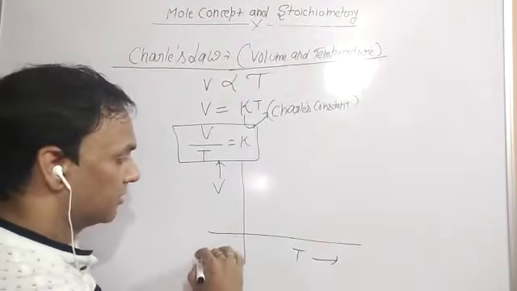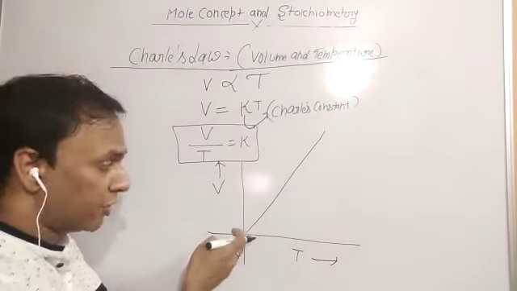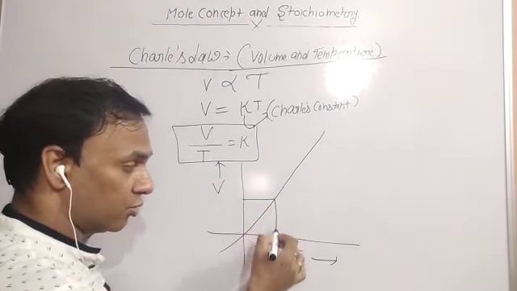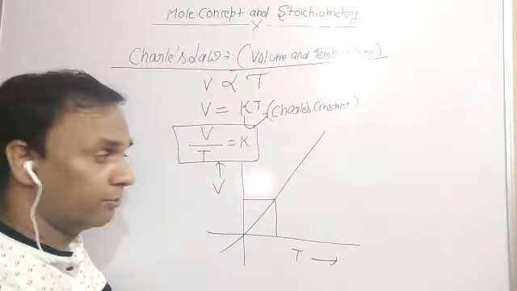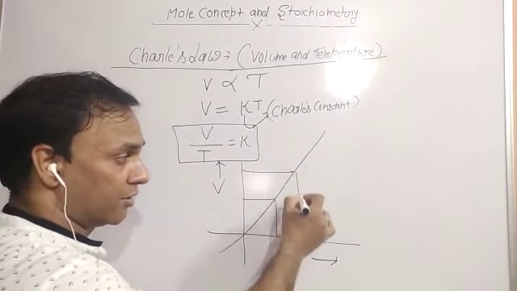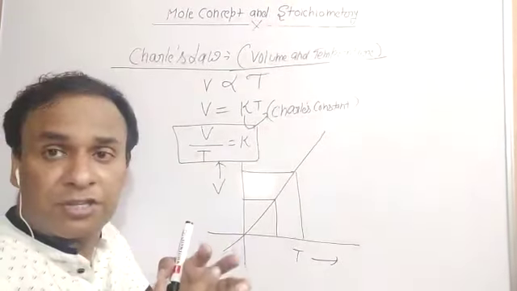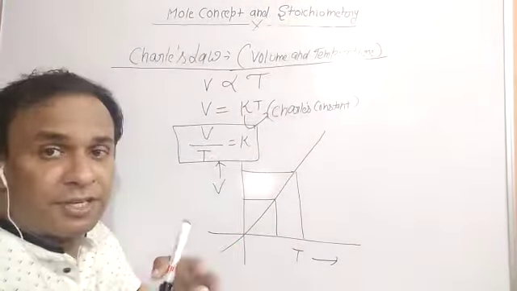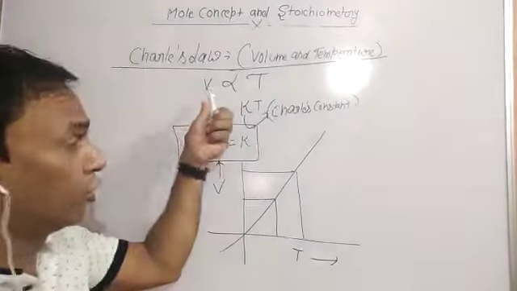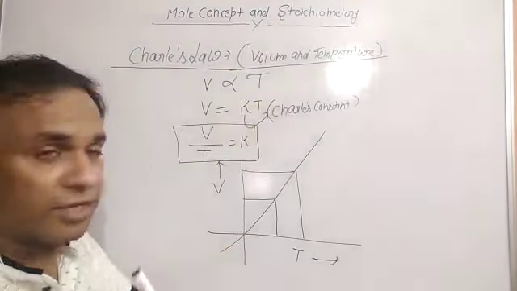That means we get a straight line which passes through the origin. When the volume is further increasing, the temperature is also increasing. That means the relationship represented by volume and temperature is called Charles' law. According to Charles' law, the volume of a certain amount of dry gas is directly proportional to absolute temperature.